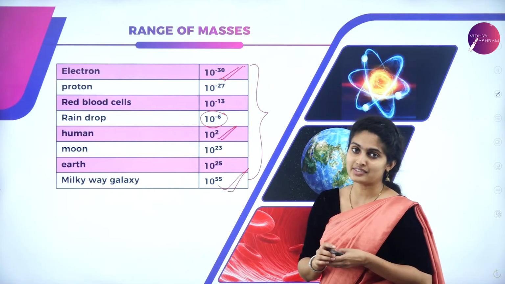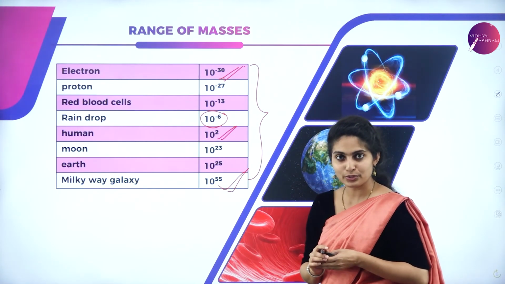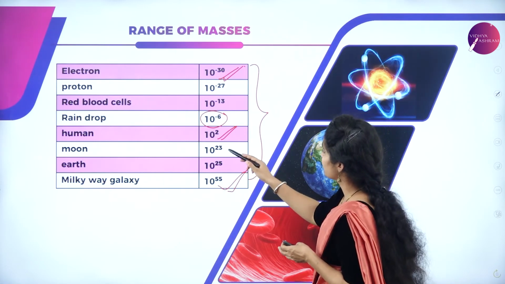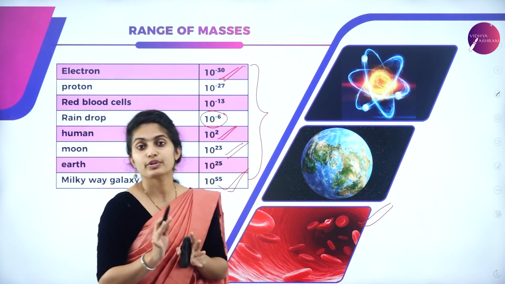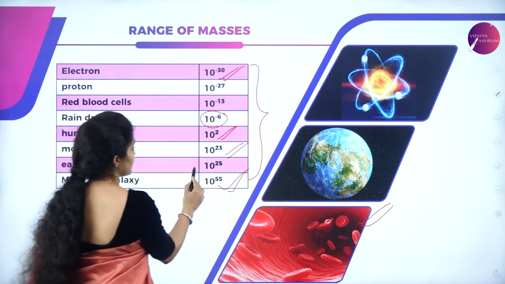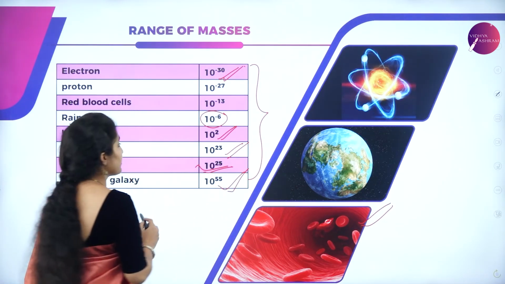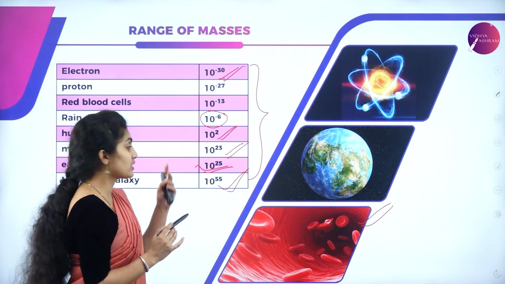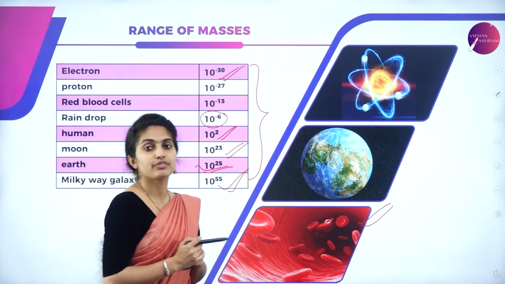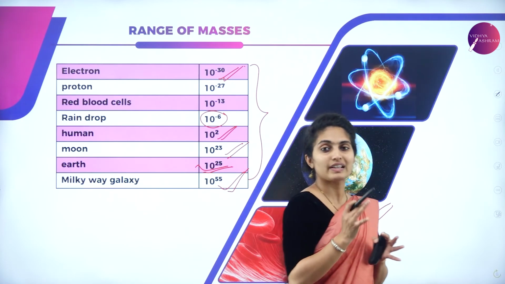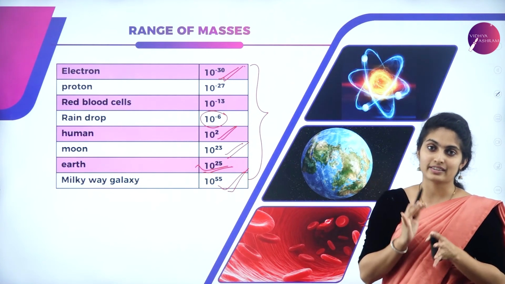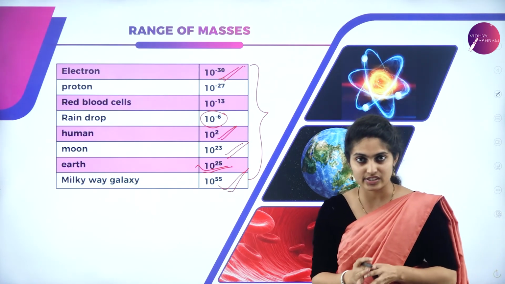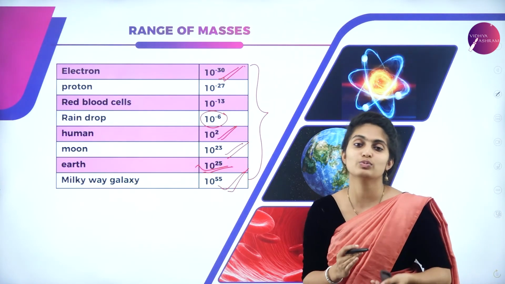Human mass ranges about 10 to the power of 2. The moon is 10 to the power of 23 kg, the earth 10 to the power of 25, and finally the Milky Way galaxy ranges around 10 to the power of 55 kg. These are the ranges of masses given as examples for you to understand from where till where it ranges, and what things exist in between.